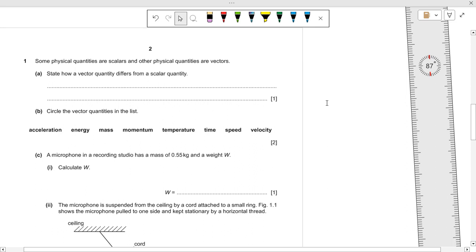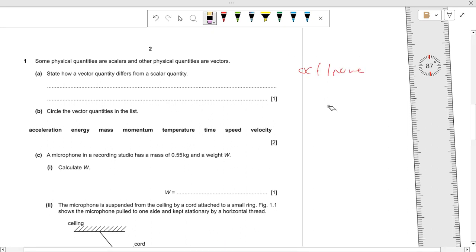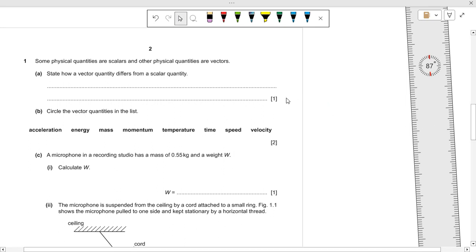Question number 2. This is from 2021, Extended, the October/November season. Some physical quantities are scalars and other physical quantities are vectors.